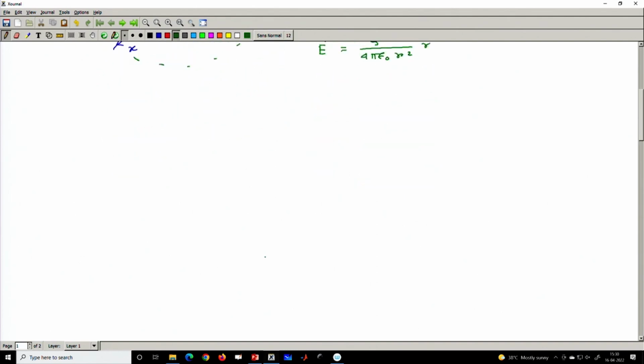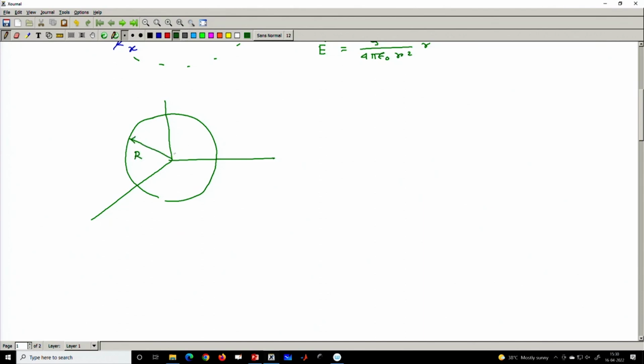Well, the same problem can be done for the field inside. So, this is the sphere we have with a certain coordinate system, and the radius is R like before.